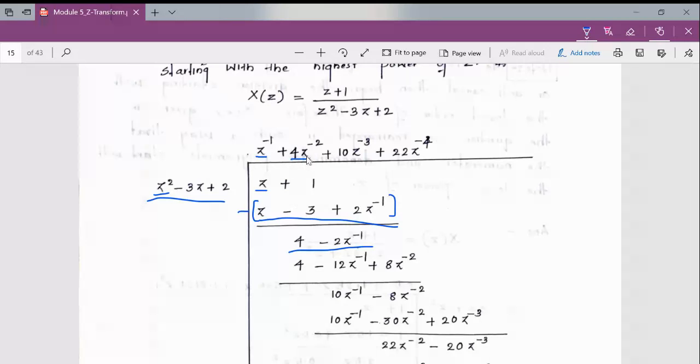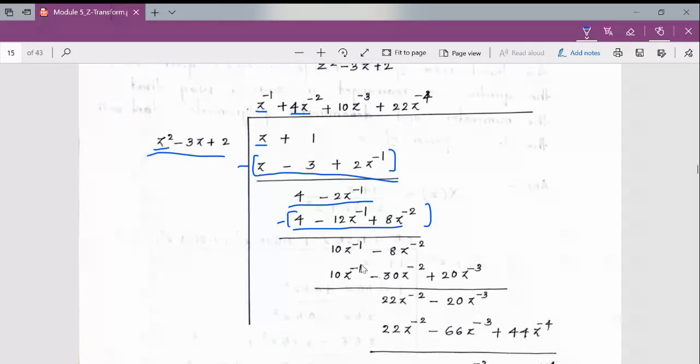So next we have to multiply this 4z raised to minus 2 with the polynomial z square minus 3z plus 2. So we will get the answer like this. Then we have to consider this as a single polynomial and subtract this polynomial from this one, 4 minus 2 is raised to minus 1.